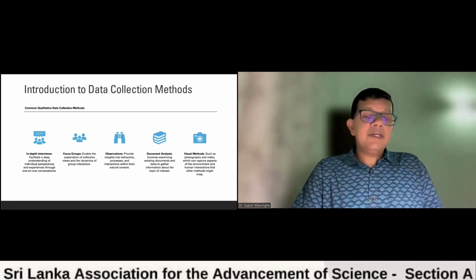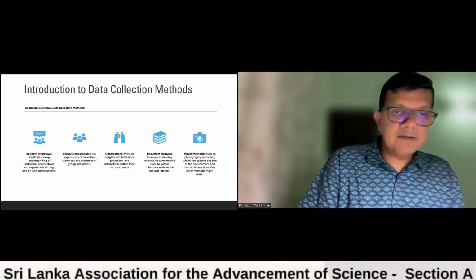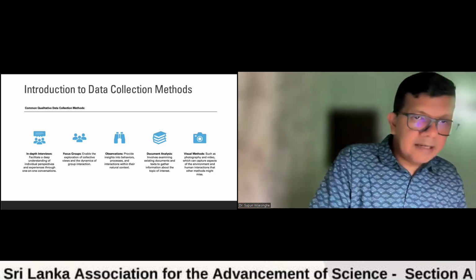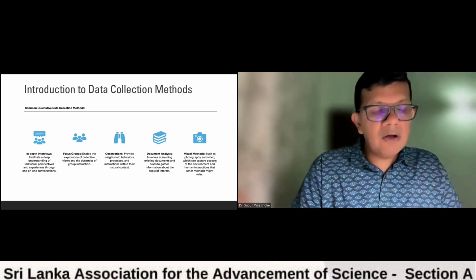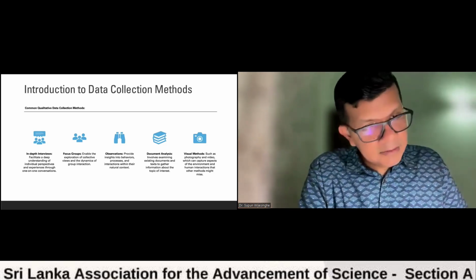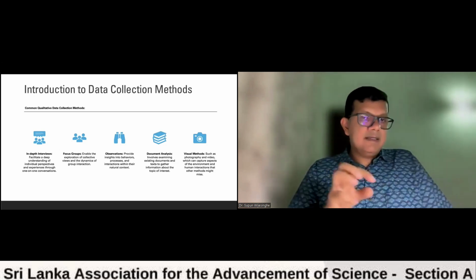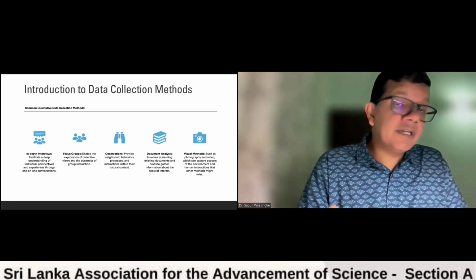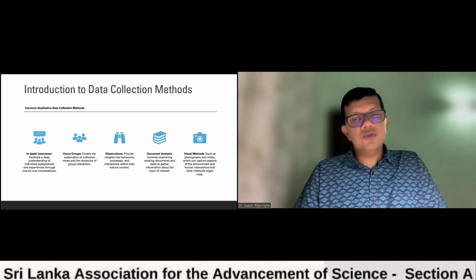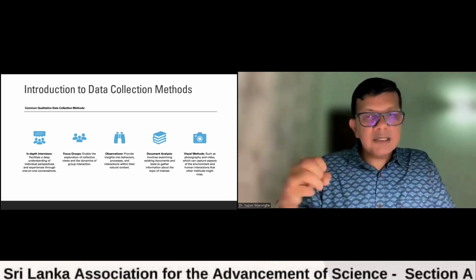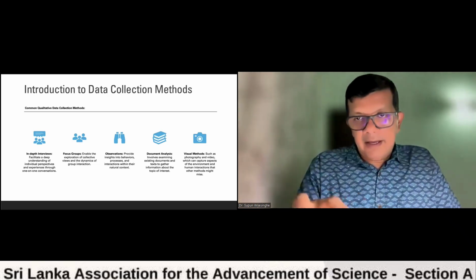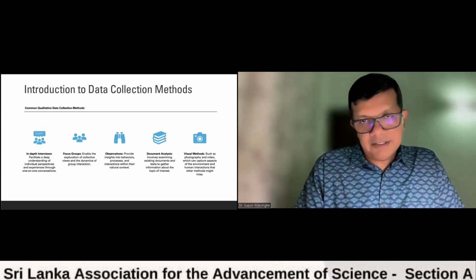But in qualitative research, in-depth interviews really mean one-on-one, long conversations, and it is not structured as in quantitative research. Then you have focus group discussions, group discussions, and the other method is observations.